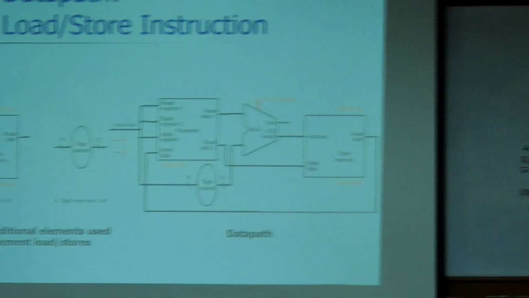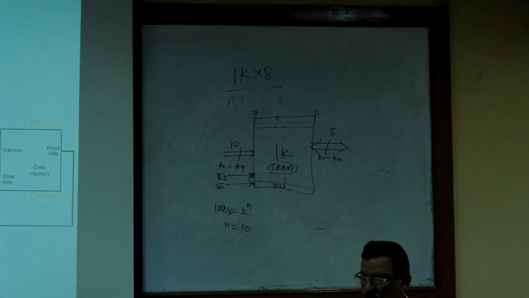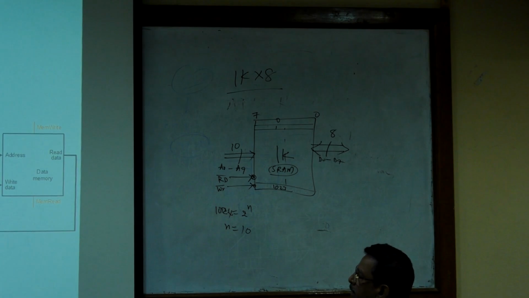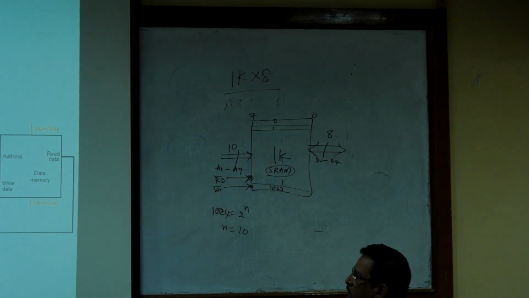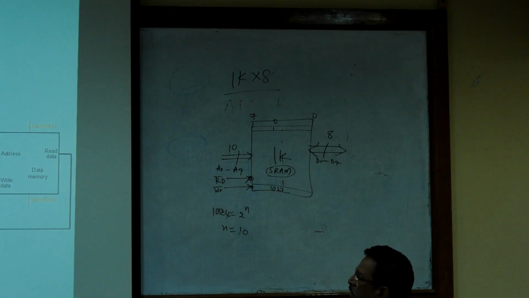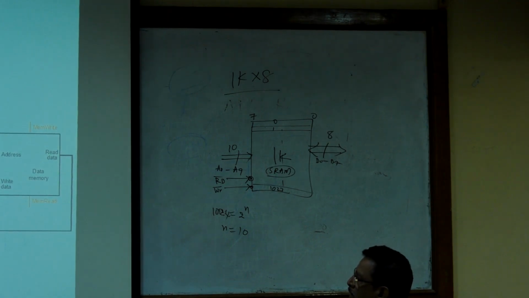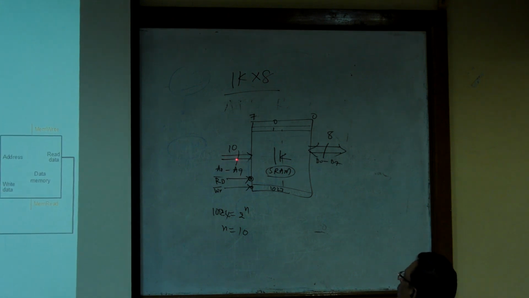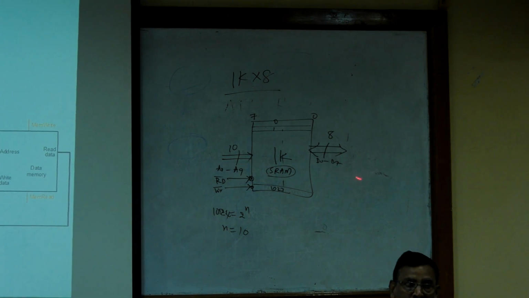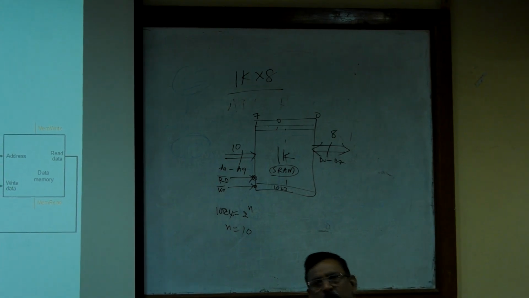So here you see this is the data memory. This is the address input, then read data and write data, indicated separately. Then the write memory signal and read memory signal. So the read signal, write signal, address, and read/write data are bidirectional or unidirectional.